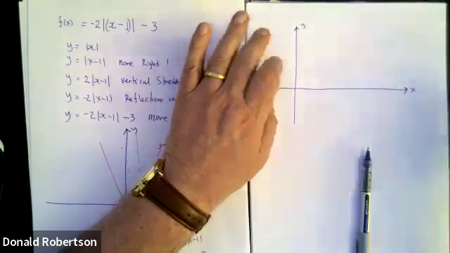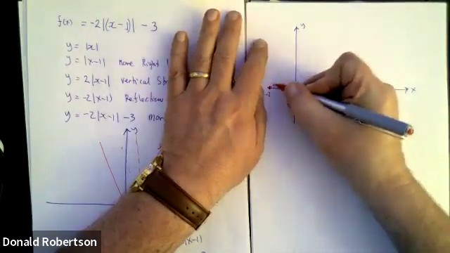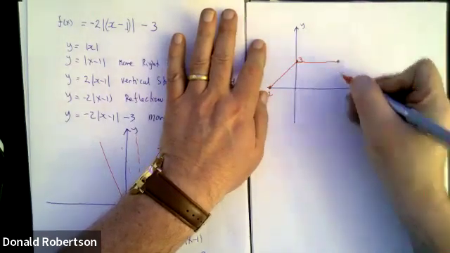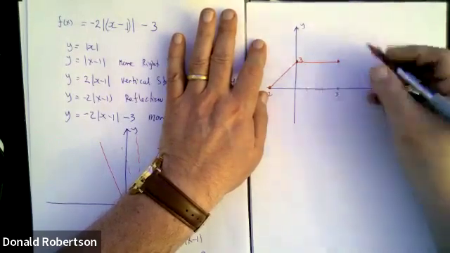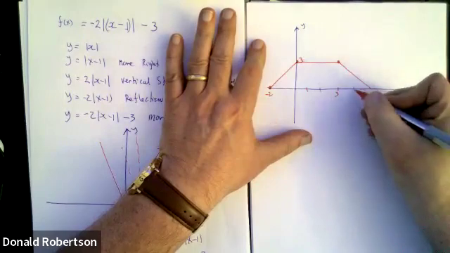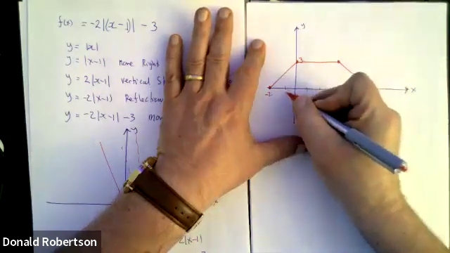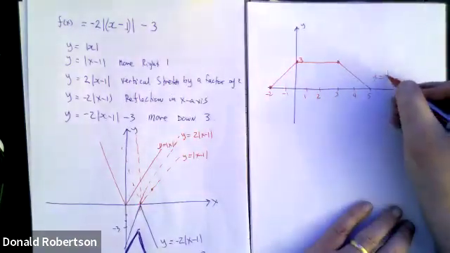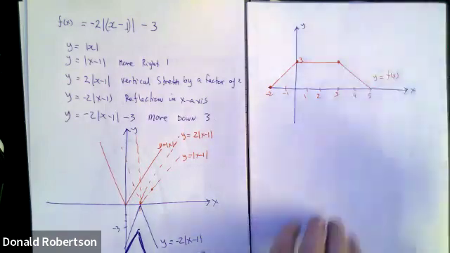Suppose you are given a graph already drawn. And this graph is f of x. And you're being asked to sketch a transformation.